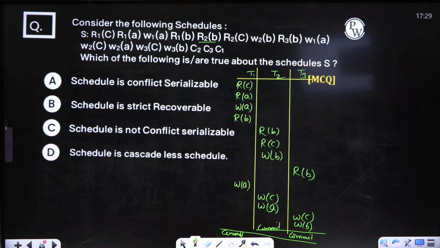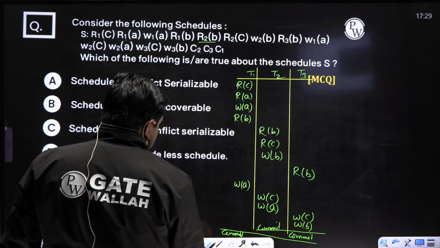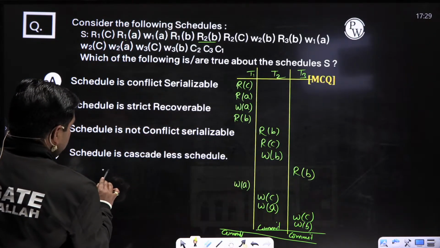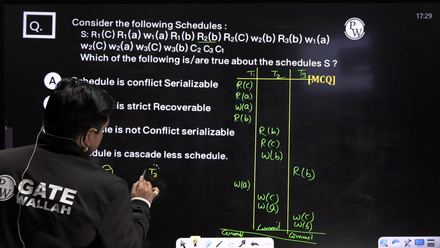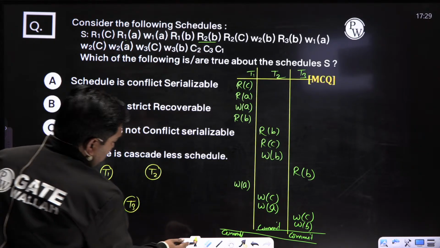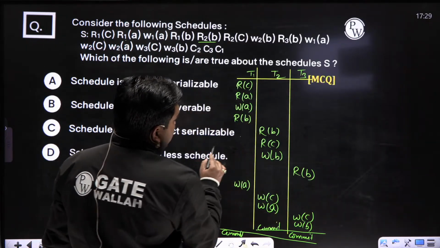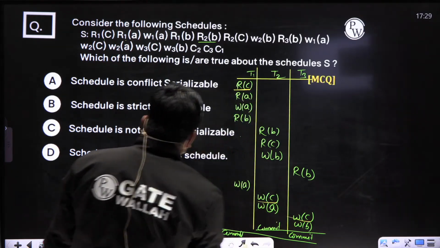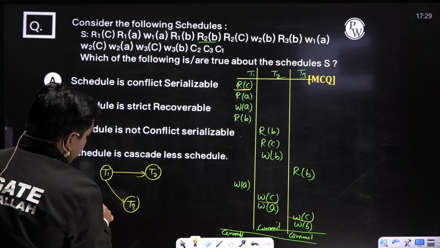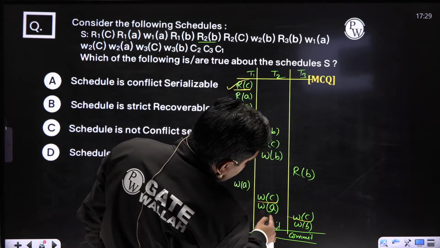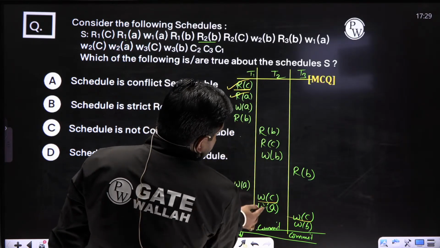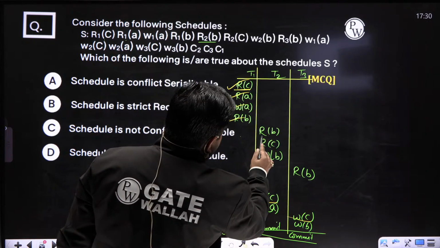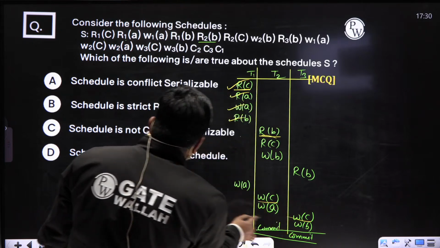Okay, now first of all what we have to do. Read C, after that write C is there. Yes, T1, T2 and T3 also. Read A, after that write A. Write A, after that read A, already taken. Read B, after that write B, T2 to T3.